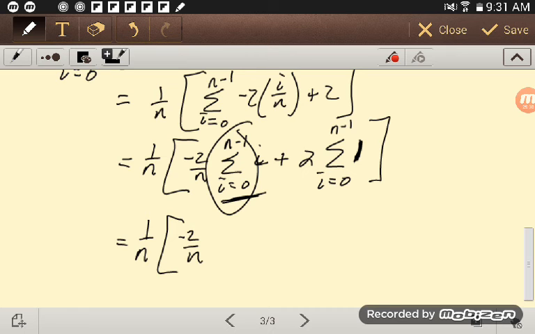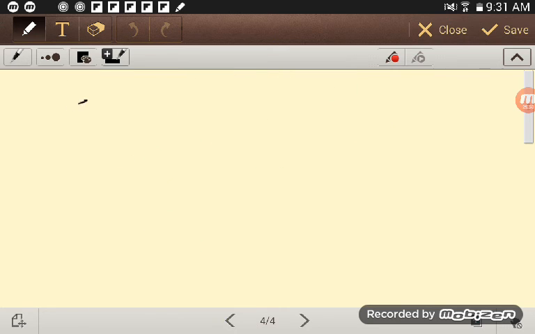So we need to take a moment here to look at that. I want the sum i equals 1 to n minus 1, don't need the 0, of i.